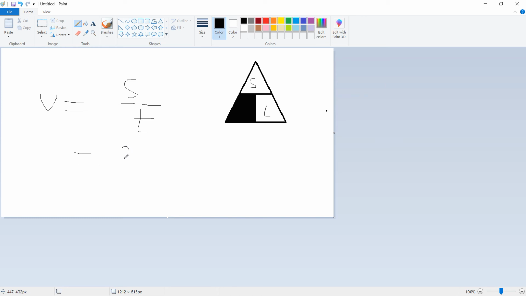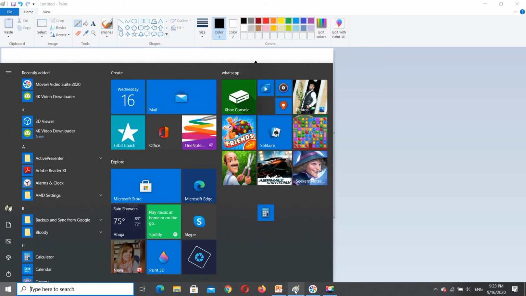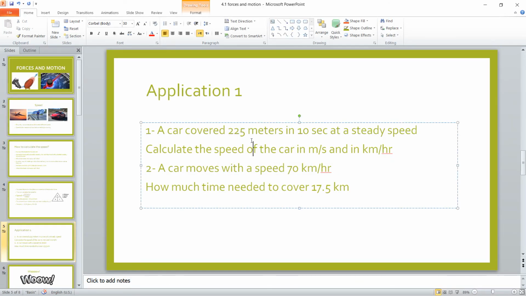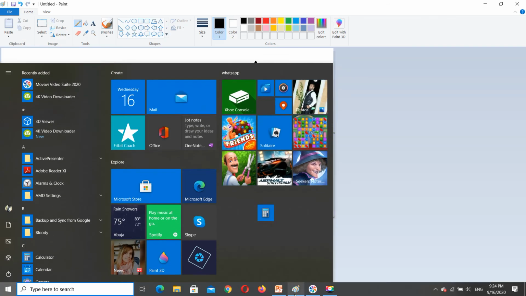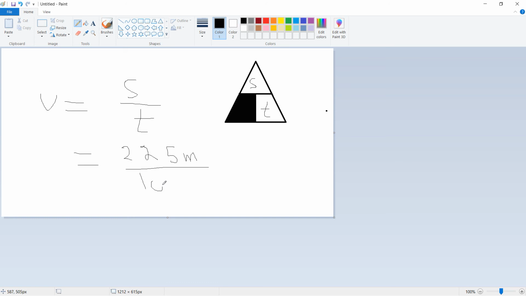It's 225 meters. What is the time? It's 10 seconds. So 225 divided by 10 seconds, the result is 22.5. This is in the unit meters per second.